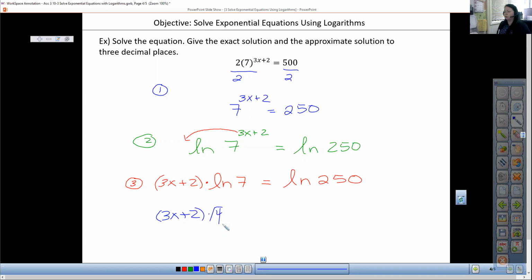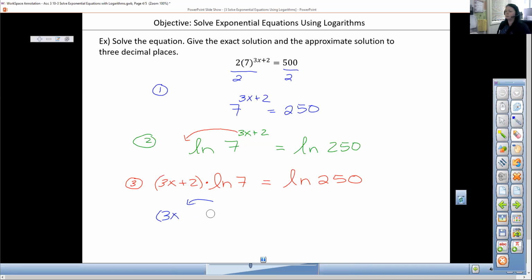We are going to distribute this number to what is in the parentheses. That's how we would multiply this sum times the outside number. So we're now going to distribute our natural logarithm of 7 to the 3x and to the 2.